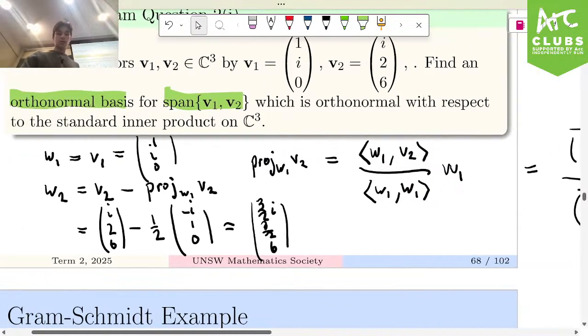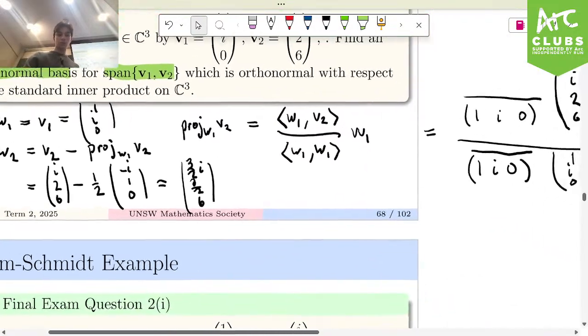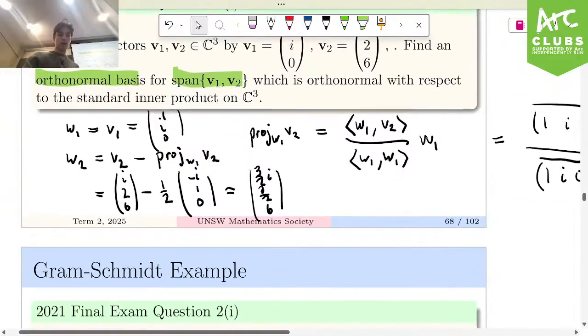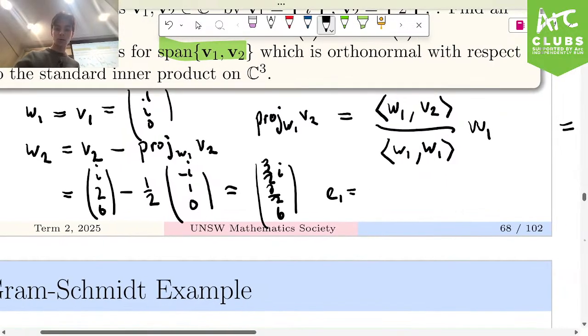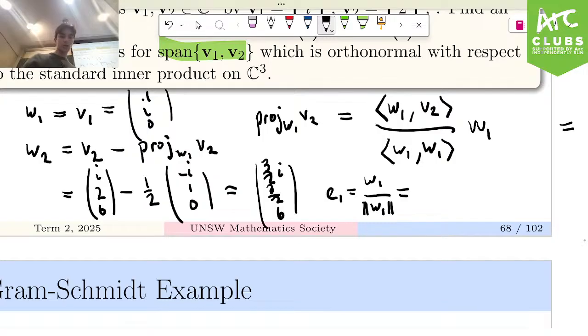And then finally, we can rescale these vectors to get an orthonormal basis. So E1 is going to equal W1 on the magnitude of W1, which ends up being 1 on root 2, 1i0.